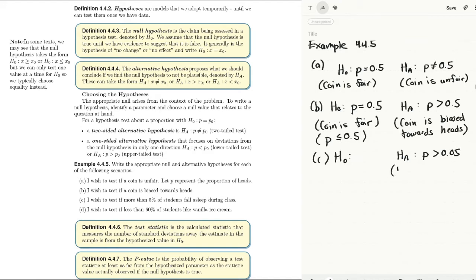So this is the statement where more than 5% of students fall asleep. And for the null hypothesis, this means that P is equal to 0.05.